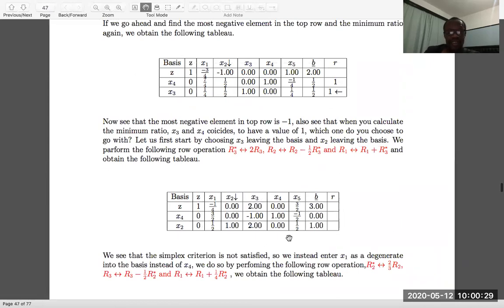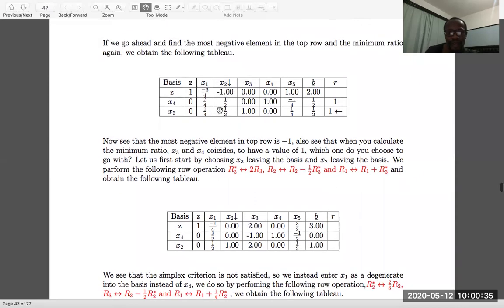Now when you have a 0, that's a problem because you're going to get a degeneracy, because it means from here, what should we have chosen? Now remember the ratios are the same, so should we have chosen row X4 to leave or X3 to leave, right?